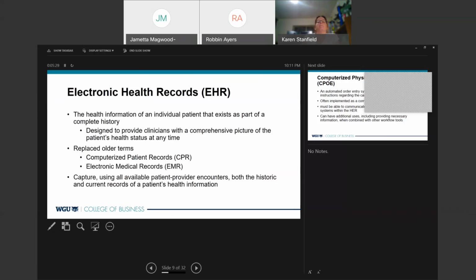Last week, we kind of talked about how there were hiccups with the implementation of the electronic healthcare records, in that the accessibility was an issue when they were first implemented. What wasn't realized before implementation was that you had to have the same systems in order for that communication and that exchange to take place.